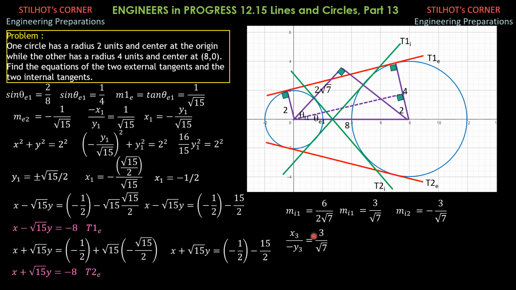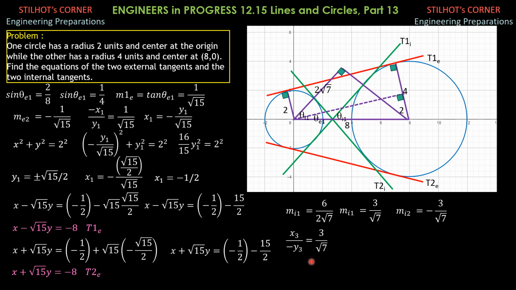Take note that for internal tangent 1, the point of tangency x3, y3 is in the fourth quadrant where x is positive and y is negative. So x3 over negative y3 is equated to the slope of the internal tangent, which is 3 over square root of 7.